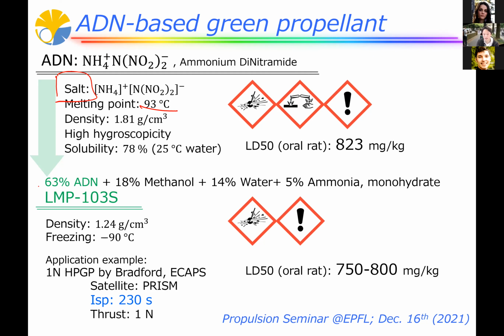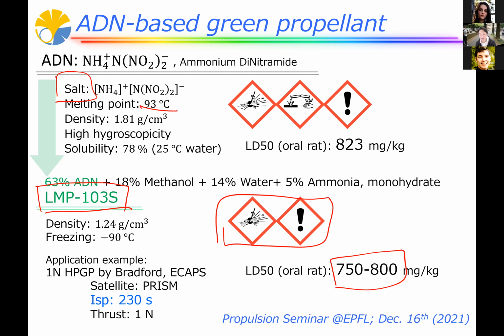One typical propellant is called LMP-103S. Again, you see the pictogram is decreased down to 2 max, and LD50 is also over 700, so it is safer. And again you see a higher specific impulse.